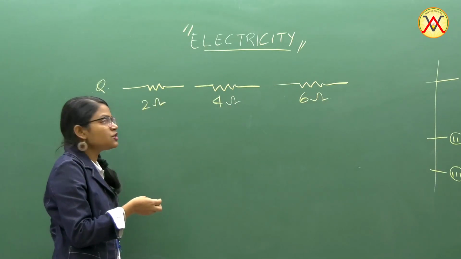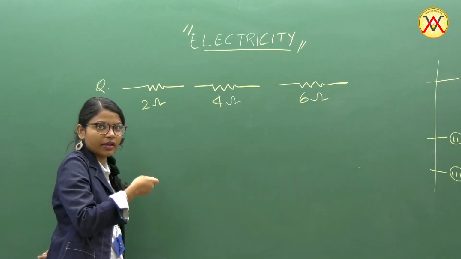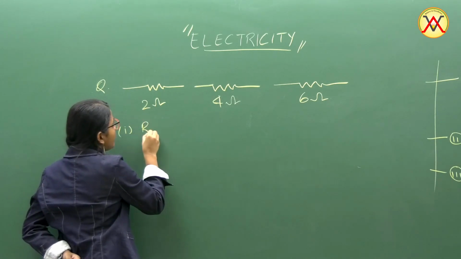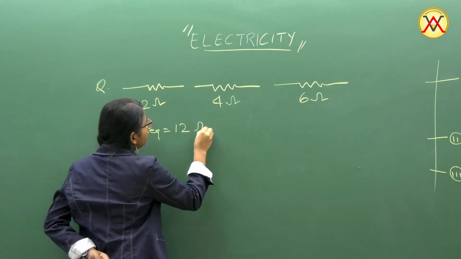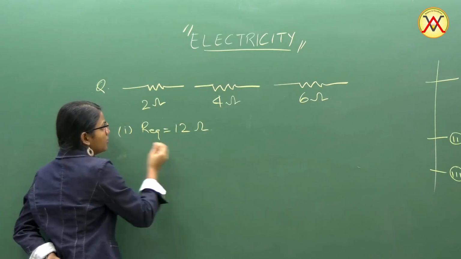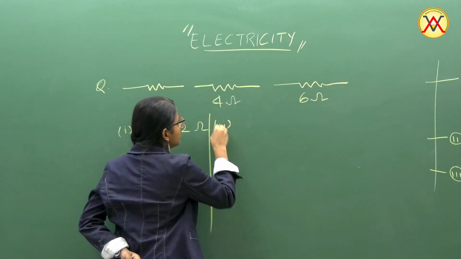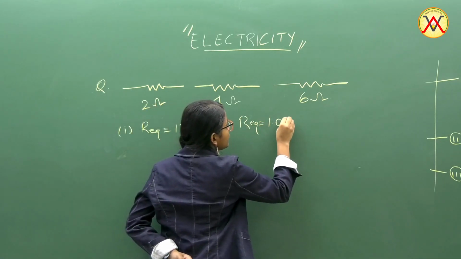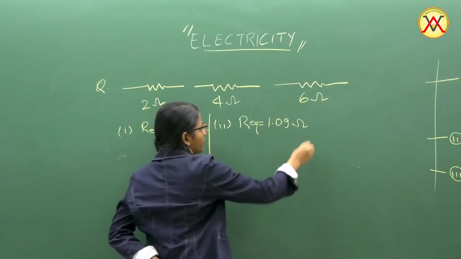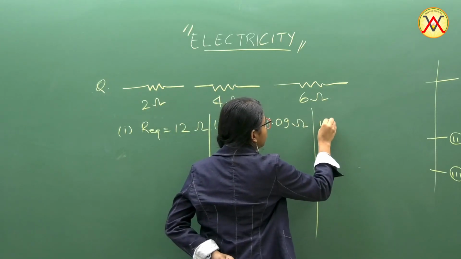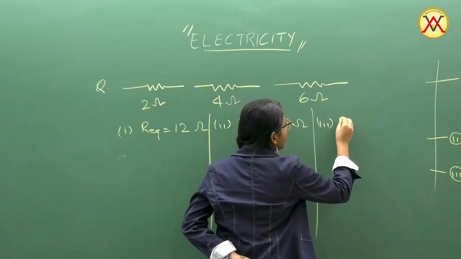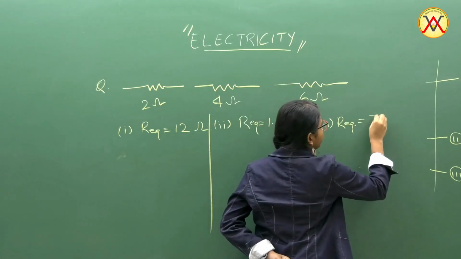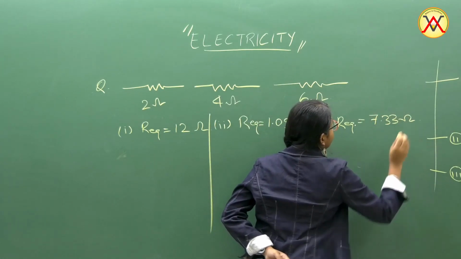Now they are asking us to combine these resistances in such a way that first we get an R equivalent of 12 ohm, second we get an R equivalent of 1.09 ohm, third we get an R equivalent of, let's suppose, 3.3 ohms.